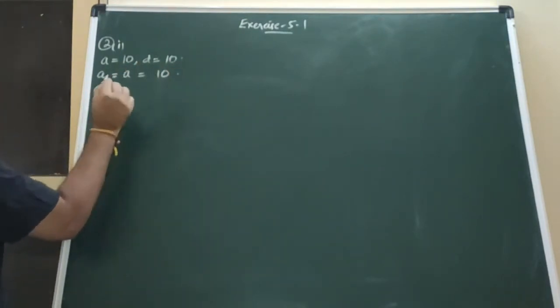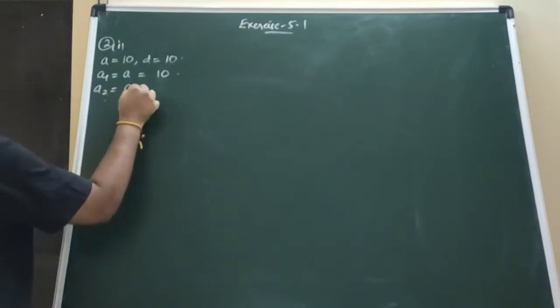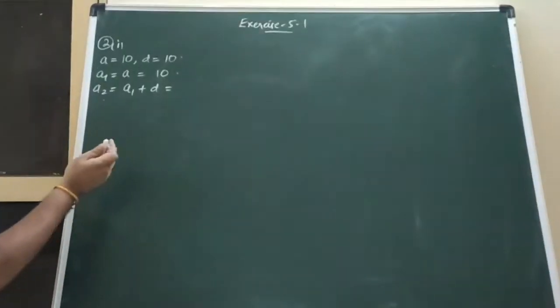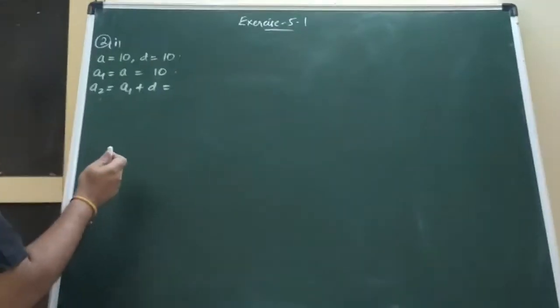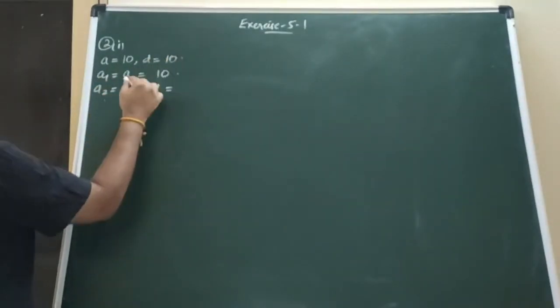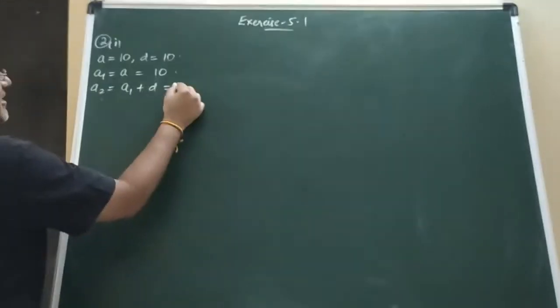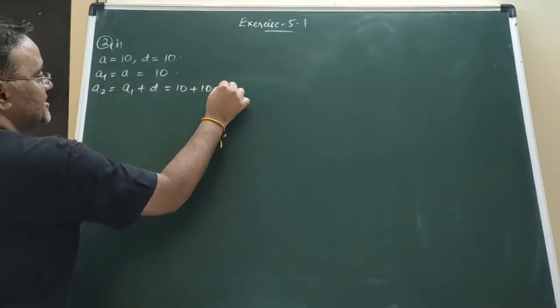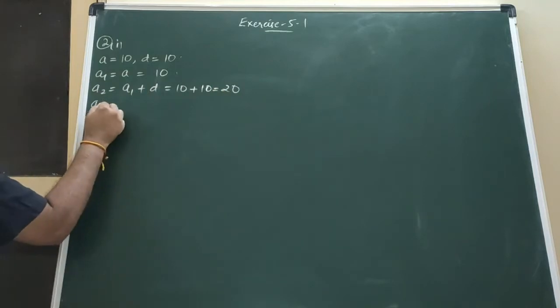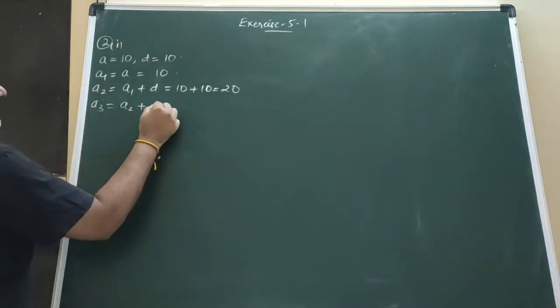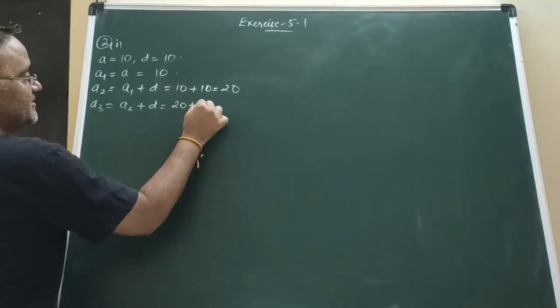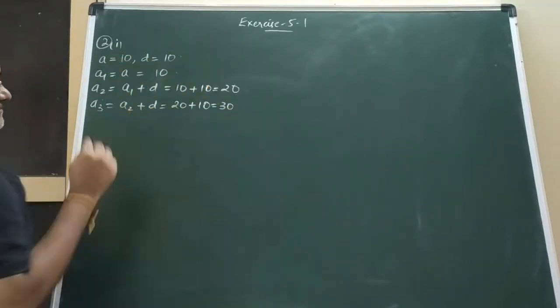And what is the second term? Second term A1 plus D. We have to add the fixed number to its preceding term. So fixed number is 10 and preceding term is A1, that is 10 plus 10 is 20. Now A3 will get the preceding term A2 plus D, that is 20 plus 10 is equals to 30, right?